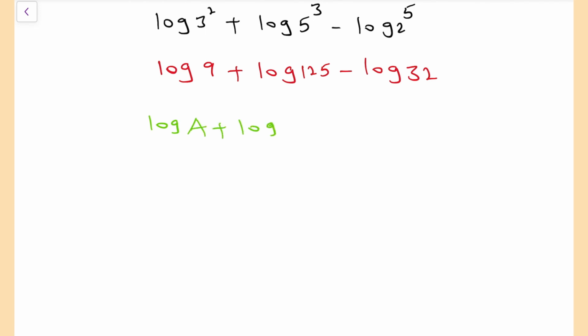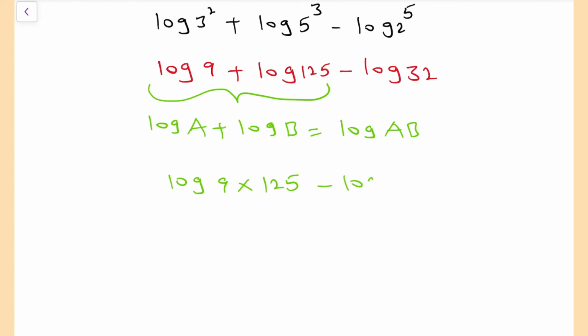plus log b equals log AB. In the logarithm, if plus is there, we will multiply. So log 9 plus log 125 can be written as log 9 into 125, minus log 32 as it is. So log 9 into 125, 1125, minus log 32.